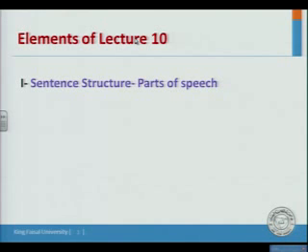Then we'll move to common adjectives. Here I wrote common because we have so many adjectives, but I want you to understand and know the meanings and how to use common adjectives, or what is called active adjectives.